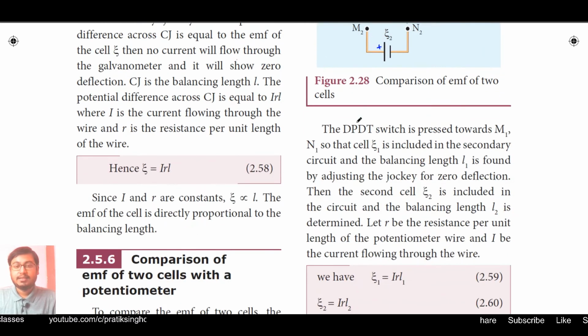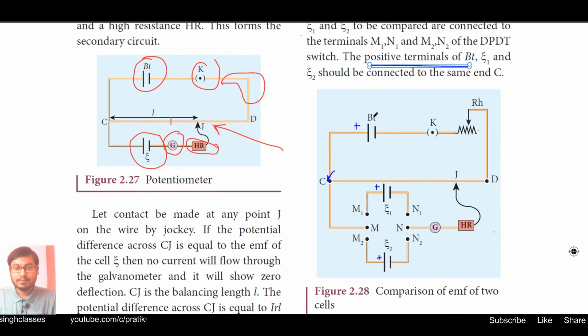The DPDT switch is pressed towards M1 N1 so that cell Xi1 is included in the secondary circuit, and the balancing length L1 is found by adjusting the jockey for zero deflection. What happens here is the DPDT switch is connected to position M1 N1 in such a way that the secondary circuit becomes this one.